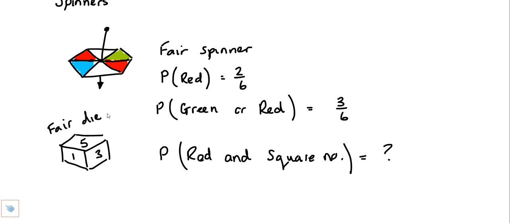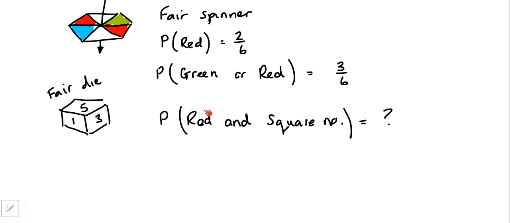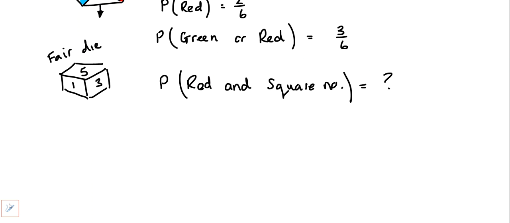There's no multiplying or anything. It's actually quite a simple case now. Okay, let's have a look. I'm going to change this problem in a minute. So there are lots of ways to do it. I want the probability of red and square.